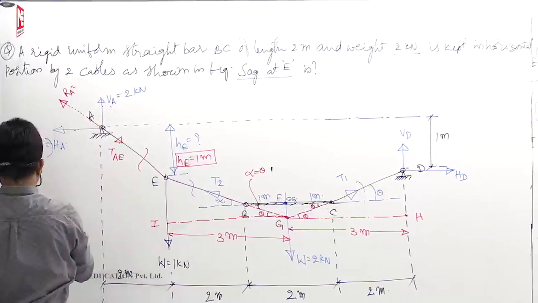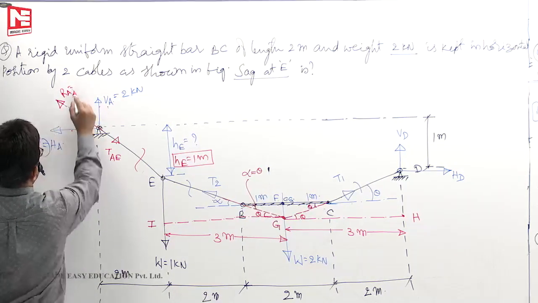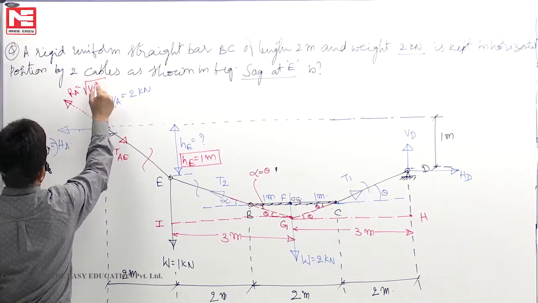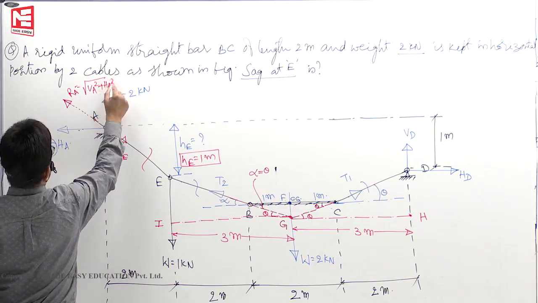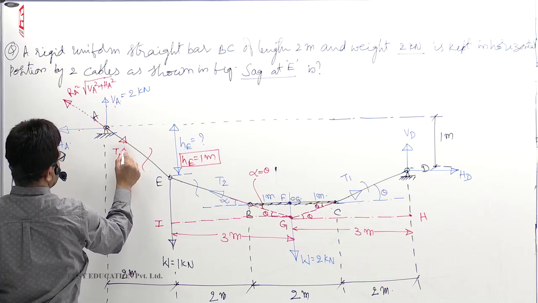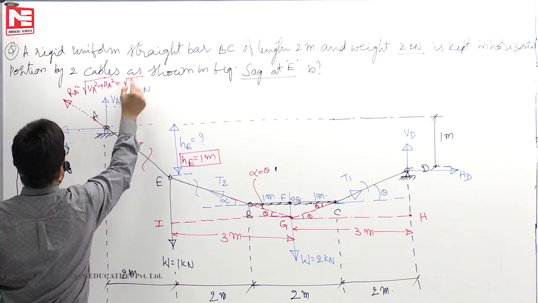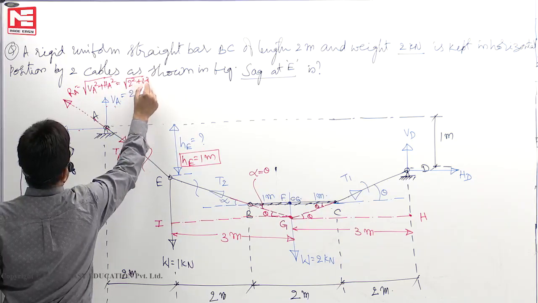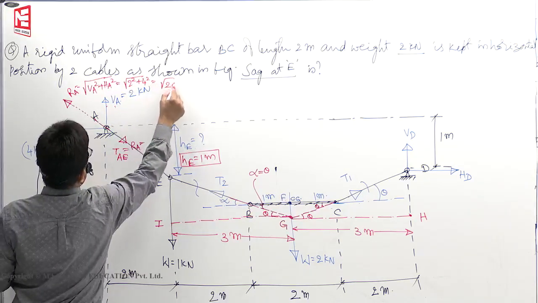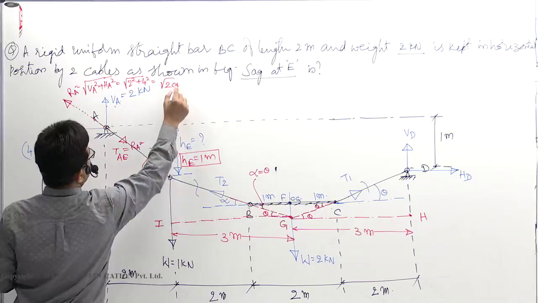So now here you are getting VA is 2 kilonewton, HA is 4 kilonewton. Now, RA we know how to find: square root of VA square plus HA square. So, TAE is nothing but RA. How much is this value? Square root of 2 square plus 4 square, so root 20 kilonewton.